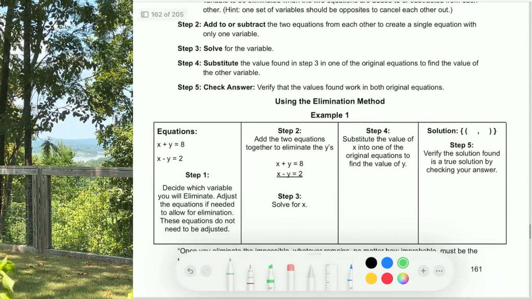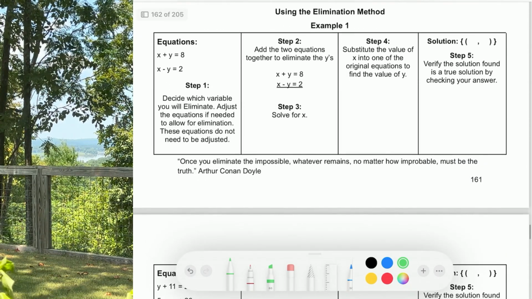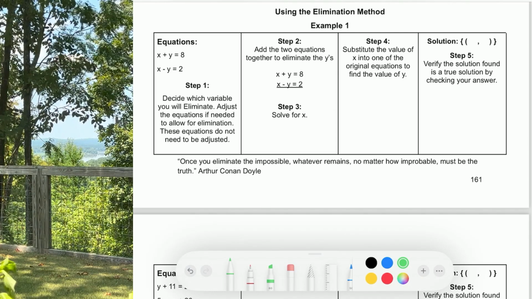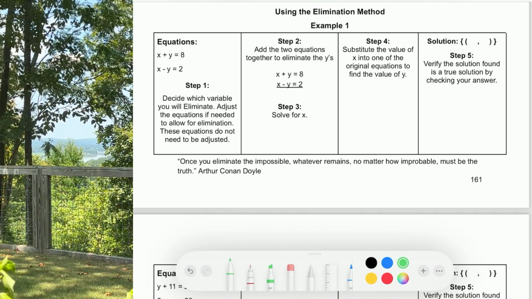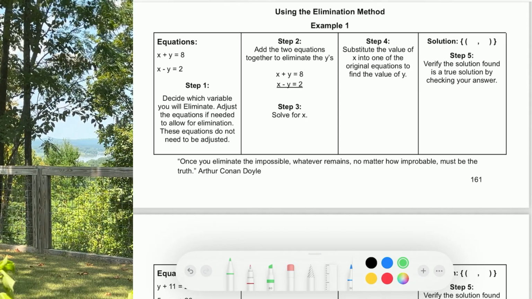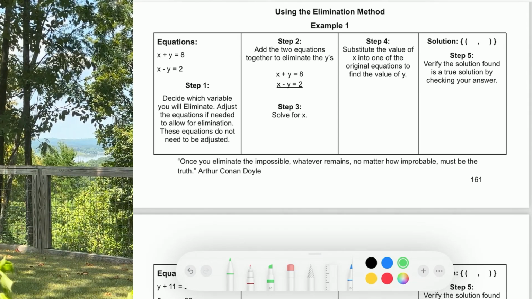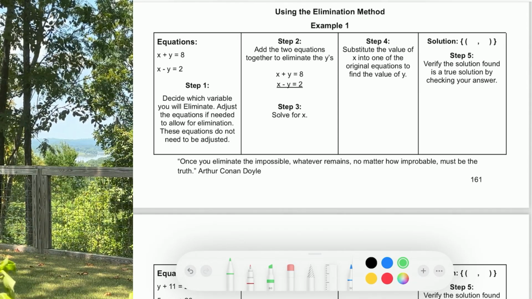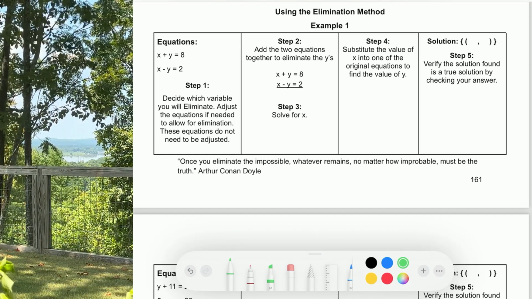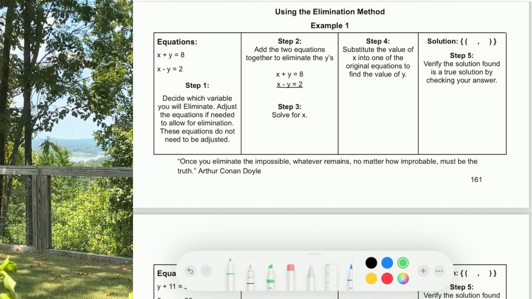Now let's look at an example that's going to take us through each of those steps. So remember, step 1 is to look at our two equations and decide which variable, the x or the y, we want to eliminate. Depending on which one we want to eliminate, that's going to determine which equation we must adjust.